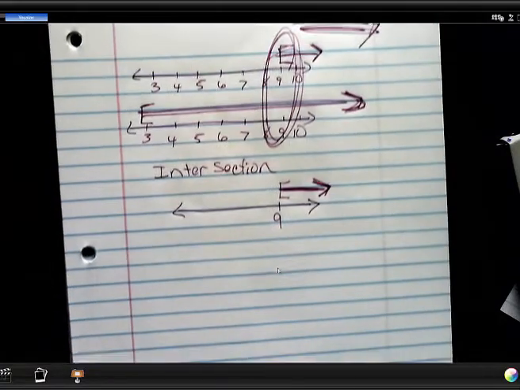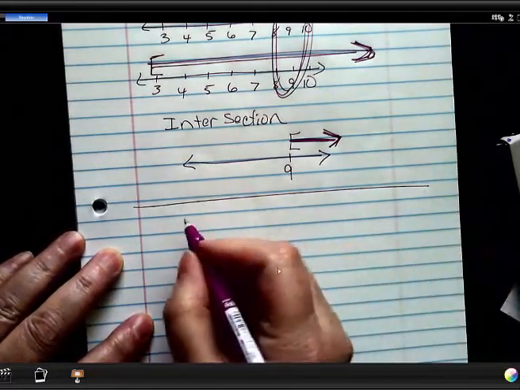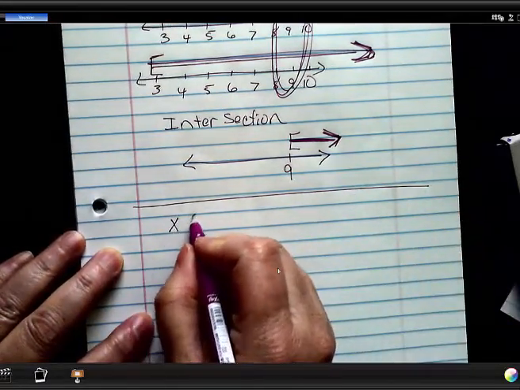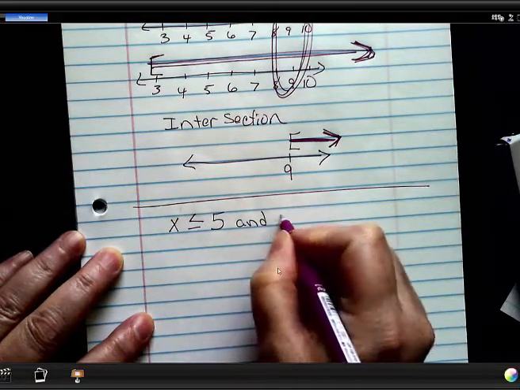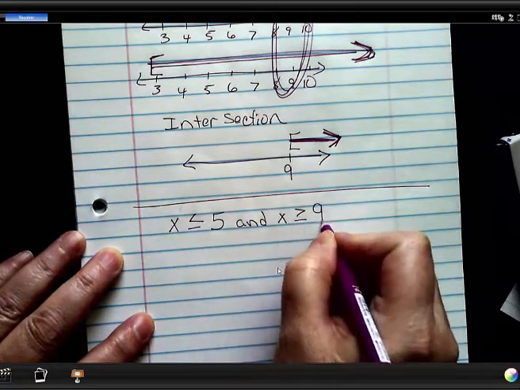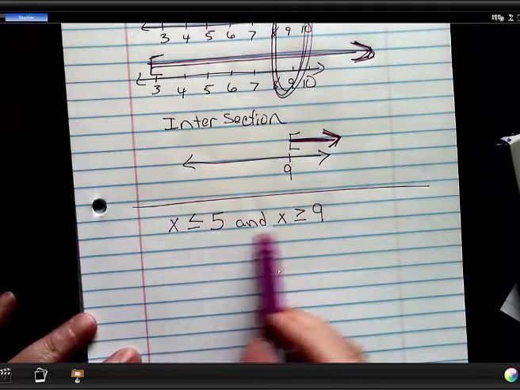So let's take a look at 2 inequalities not on a graph. X is less than or equal to 5, and X is greater than or equal to 9. Now remember, the word and means what? And is an intersection. Or is a union, and is an intersection. So I want to know where these two intersect.